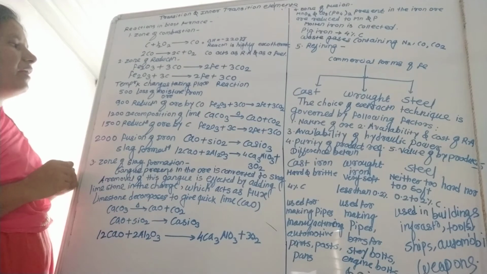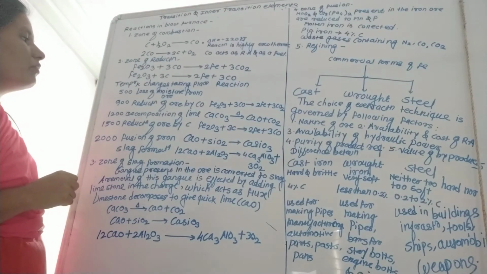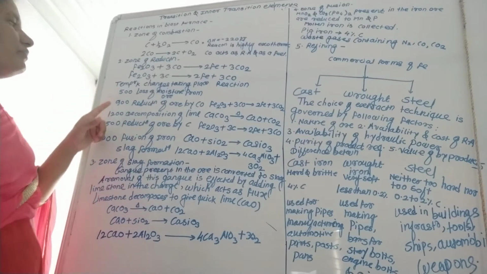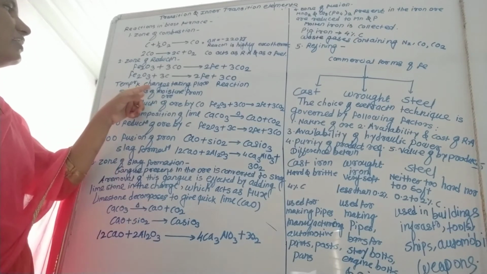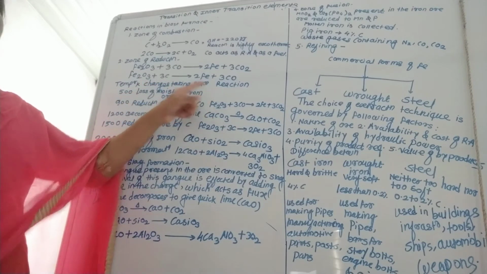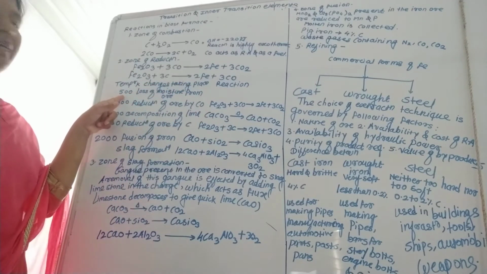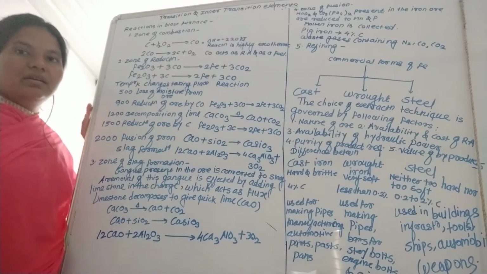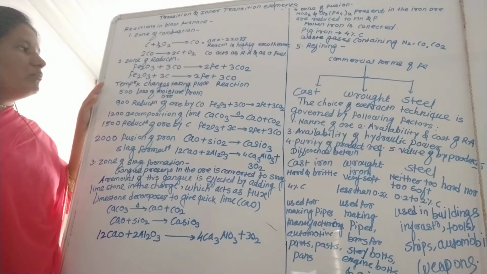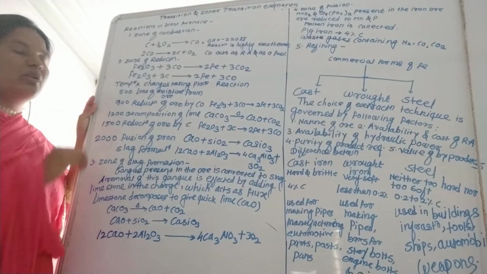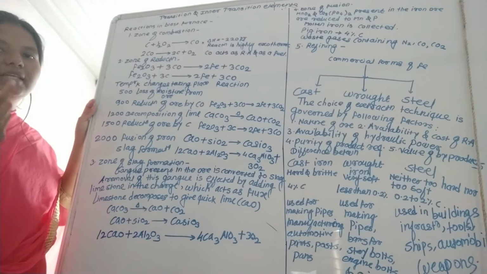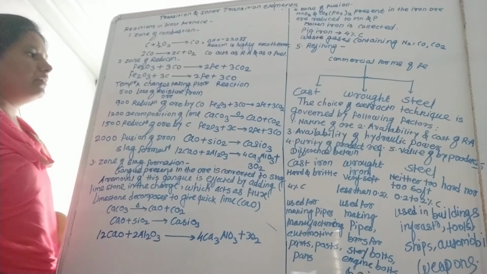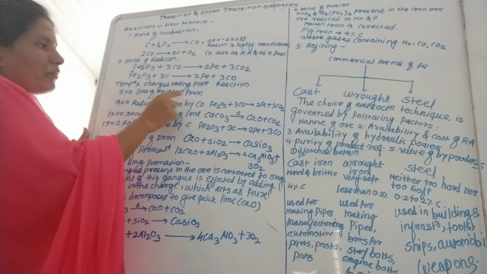What kind of changes take place in the reduction zone in the blast furnace when the temperature varies? At 500 Kelvin temperature, there is loss of moisture from the ore.